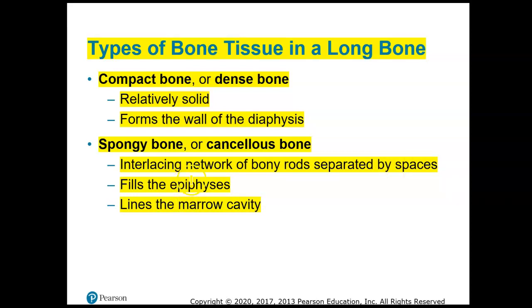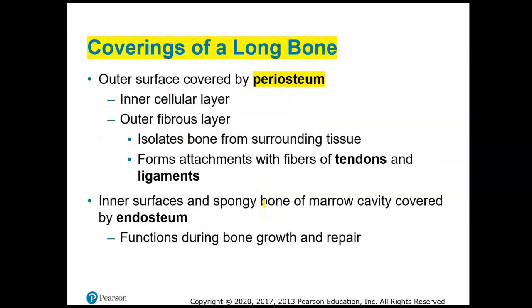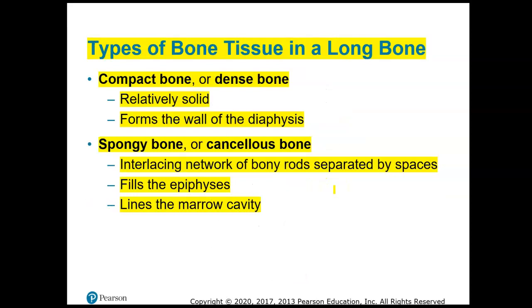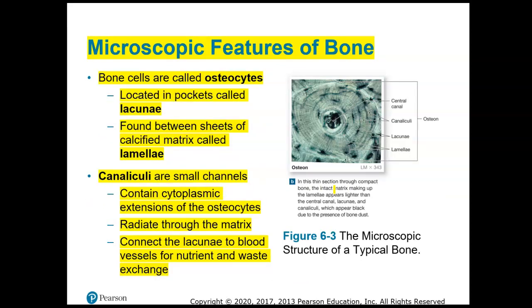But you find spongy or cancellous bone in the epiphyses and lining the marrow cavity. Coming back to this, you see the thin layer of spongy bone that lines the marrow cavity. Even though most of the diaphysis wall is composed of compact bone, it is lined with a very thin layer of spongy bone.